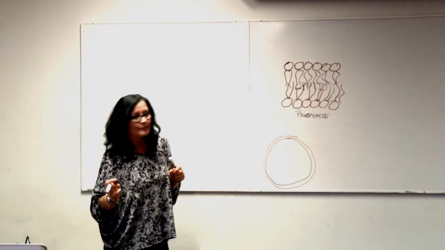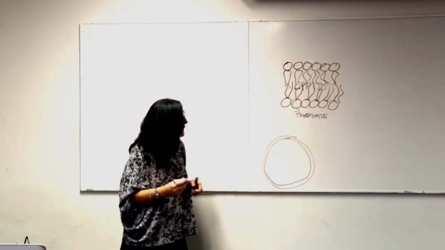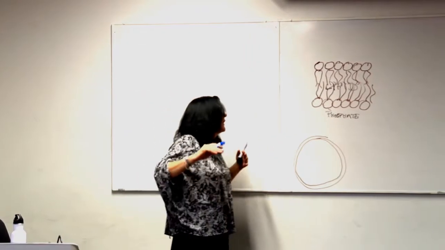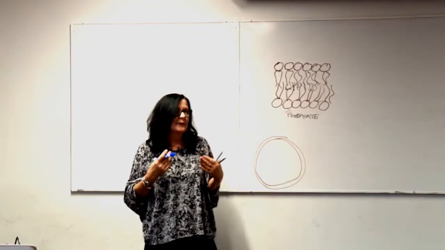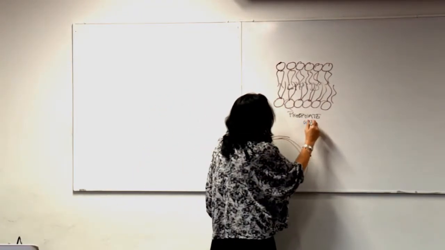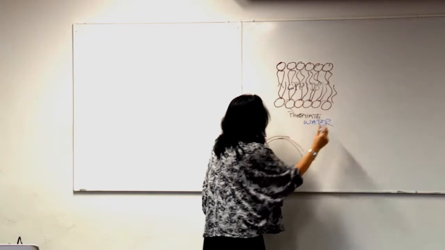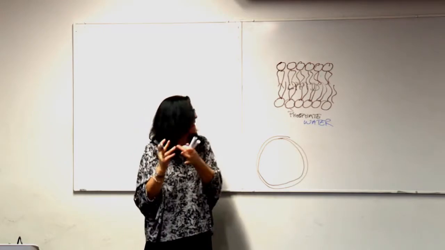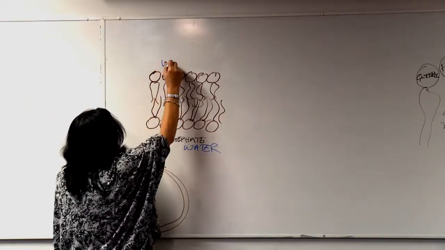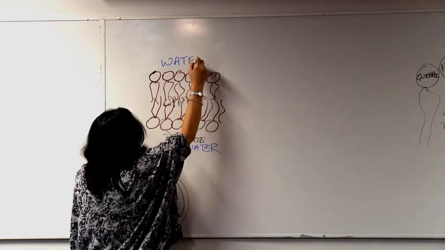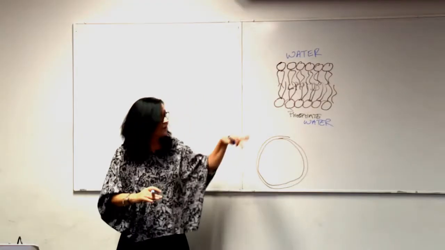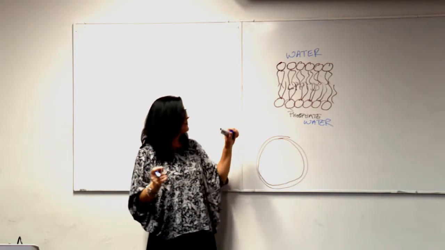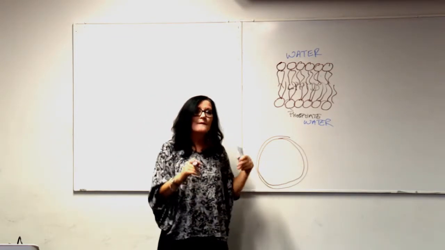We only have 2 of them though. On the inside, of course, the cytosol is watery. So we have water. On the outside, the extracellular fluid, the interstitial between cell fluid, is also watery. So we have water on the outside, phosphates next to the water because they're hydrophilic, lipid in the middle because it's hydrophobic.